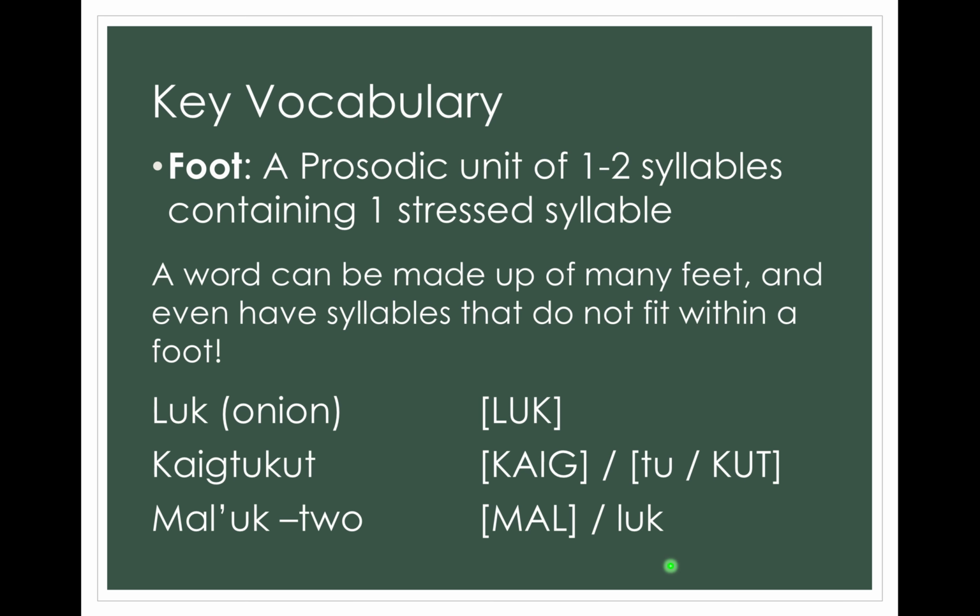In Mallok, we have gemination. This first syllable is its own foot, and it is stressed. The second syllable is not in brackets. So that means it's not in a foot. And we have a special word for these. These are called stray syllables.